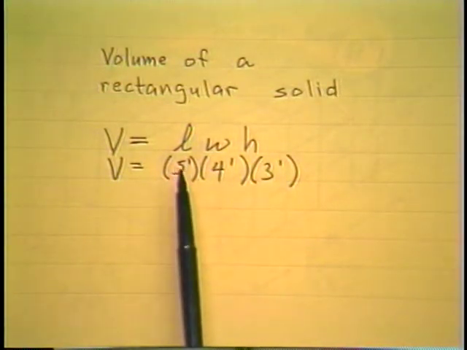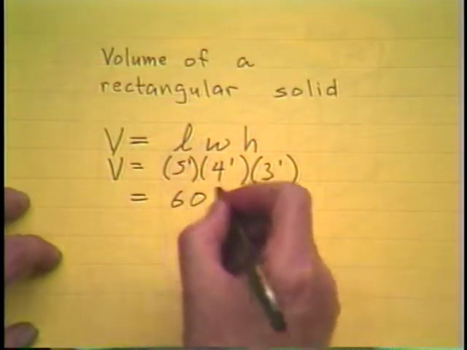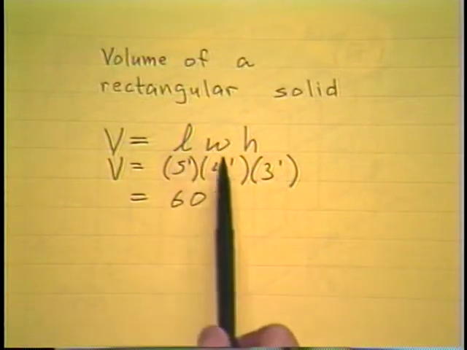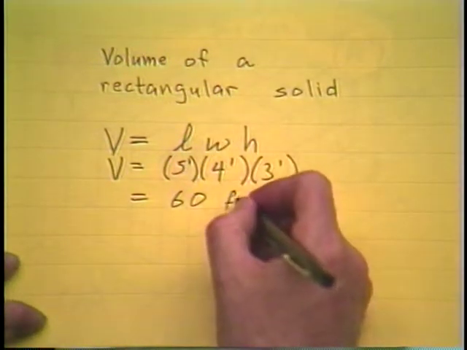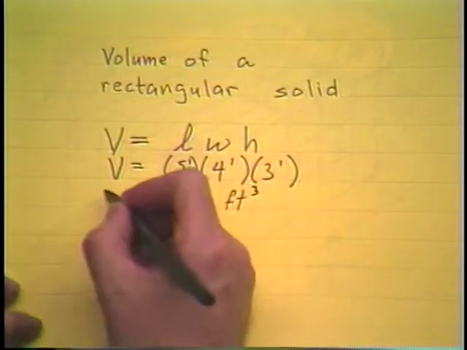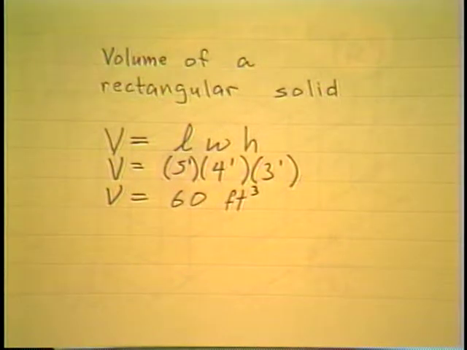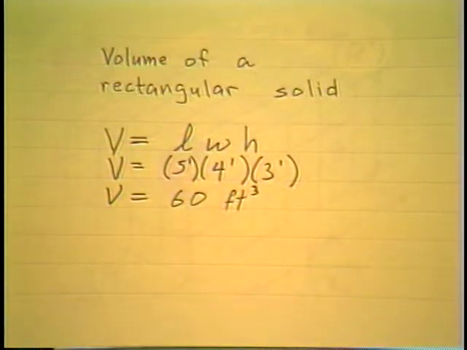Measuring the number parts, 5 times 4 is 20, times 3 is 60. And using this tick mark notation for feet is not quite so obvious, but it is true that you have foot cubed. So we say the volume of that rectangular solid is 60 cubic feet.